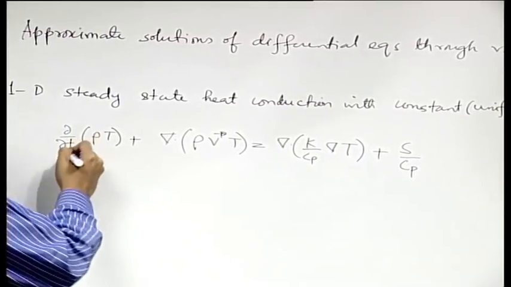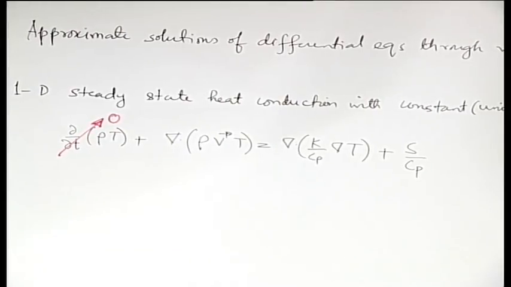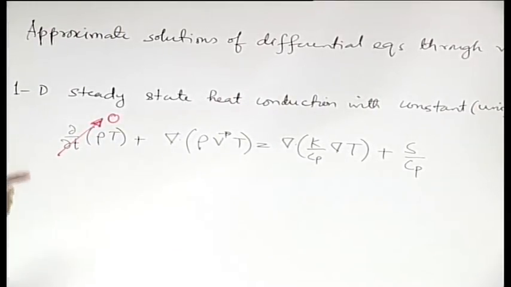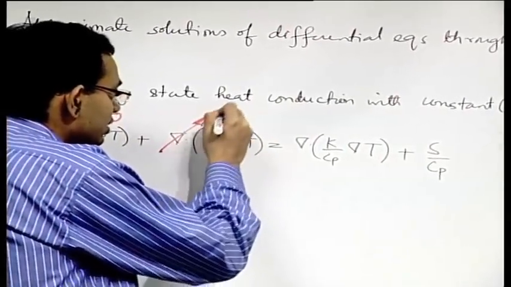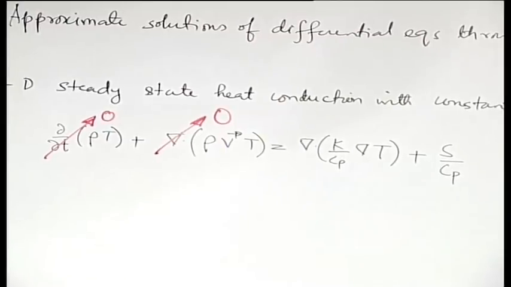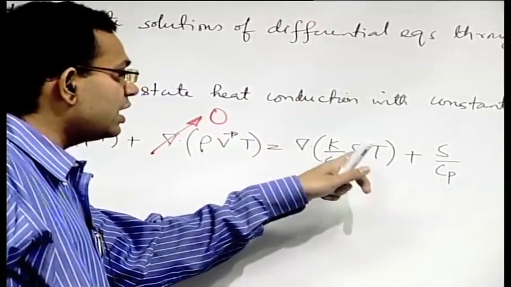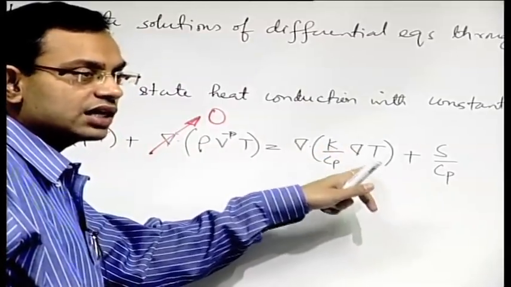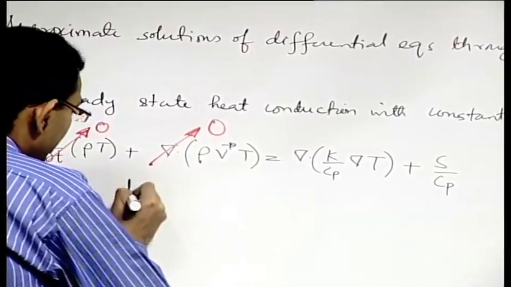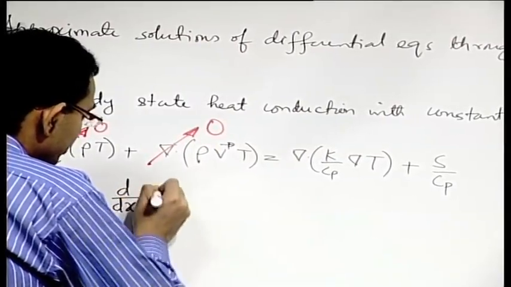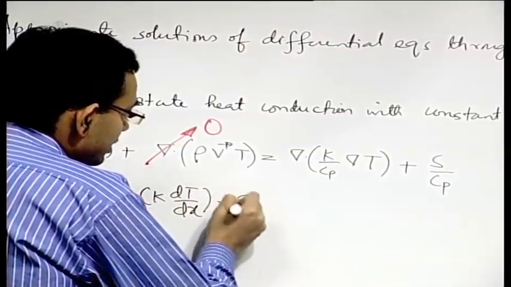First of all it is a steady state, so this unsteady term will be 0. Then it is a conduction problem, so there is no flow velocity involved, so this term is 0. It is a one dimensional problem, so only the gradient along one particular direction, say x direction, becomes important. So, it will become effectively d dx of k dT dx plus S equal to 0.